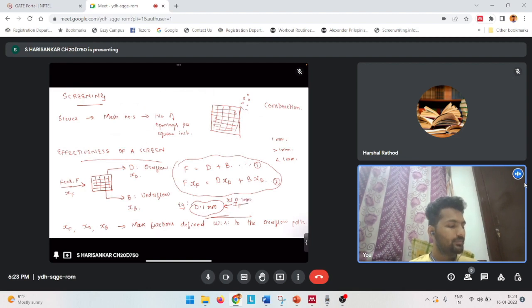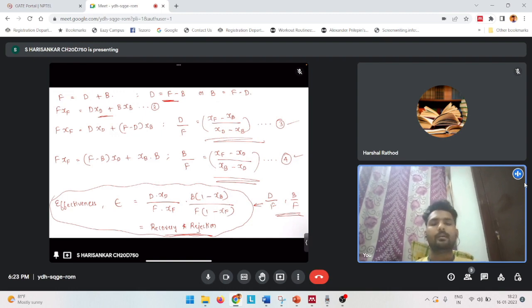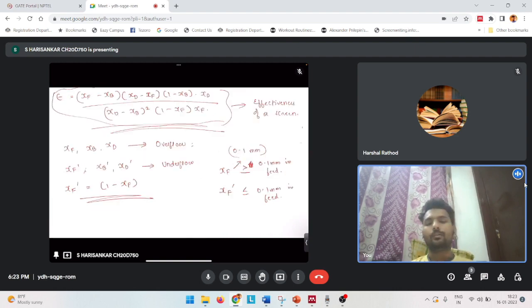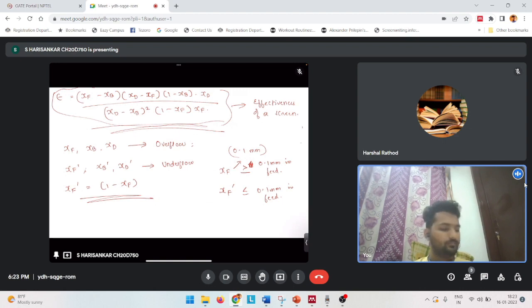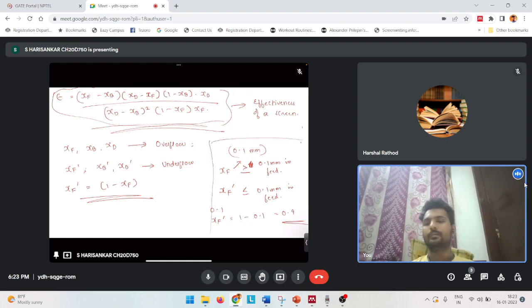So this will be overflow, and if you are defining it based on overflow, it will be greater than 0.1 mm, and if you are defining it based on the underflow, it will be less than or equal to 0.1 mm. And this relationship is also there: xf is 0.1 means xf dash will be 1 minus 0.1, and that will be 0.9. So just make a note of it.